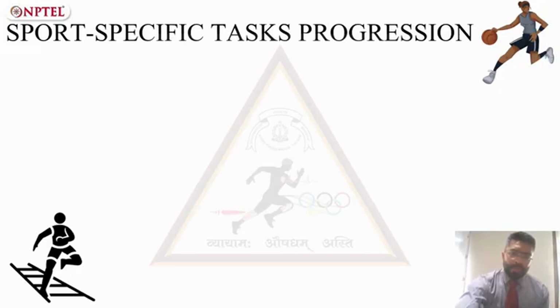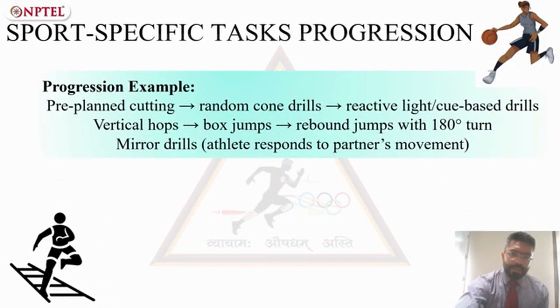Coming to progression of these sport-specific tasks. For example, in terms of agility, pre-planned cutting movements can be done initially, changing over to random cone drills, then later on to reactive light or cue-based drills.